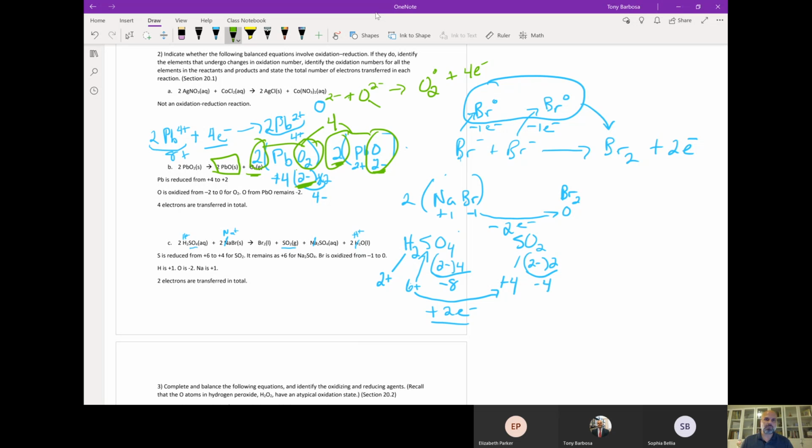Because this oxygen is going to oxygen in the 0 state, and this one is also going to oxygen in the 0 state. And in the process, they lose 2 electrons each. Make sense? So the oxygen atom is the thing that's being oxidized.